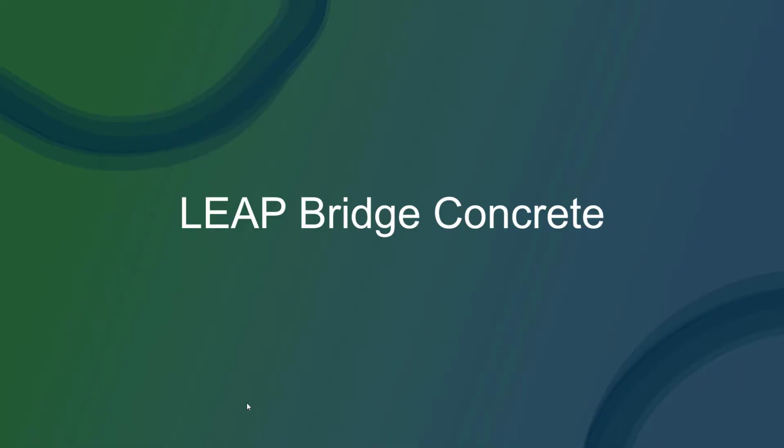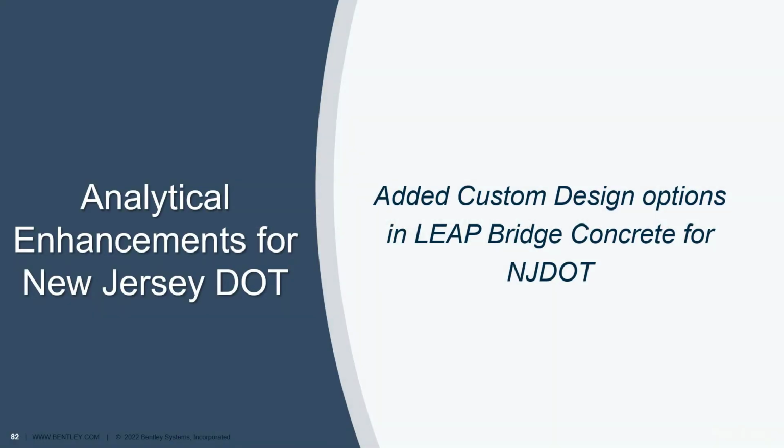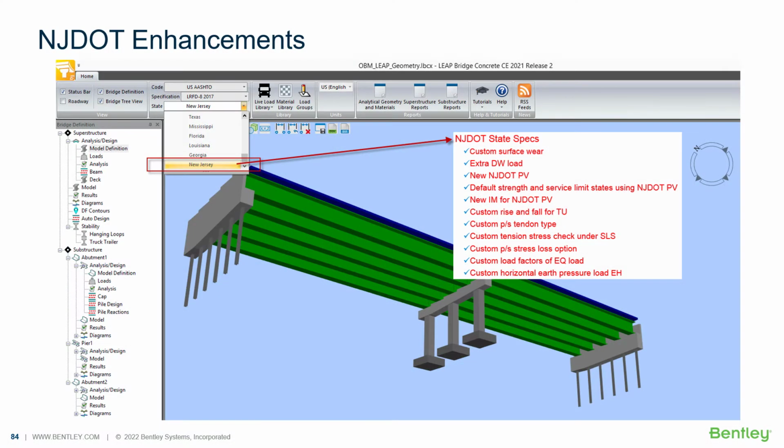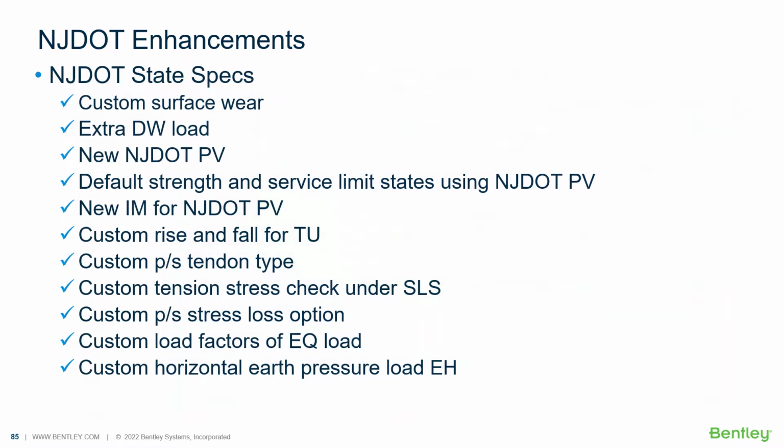Following OpenBridge Modeler, these are the enhancements that we have done in Bridge Concrete. We have added a series of analytical enhancements for New Jersey DOT. These are accessed through selecting the state option in LibBridge, in which we handle all the different parameters that the DOT uses for the design of their pre-stressed girders.